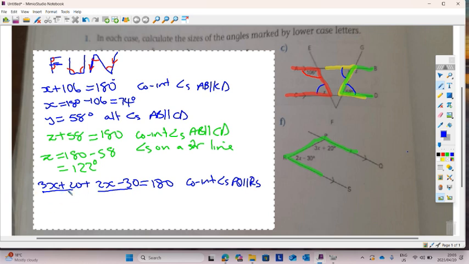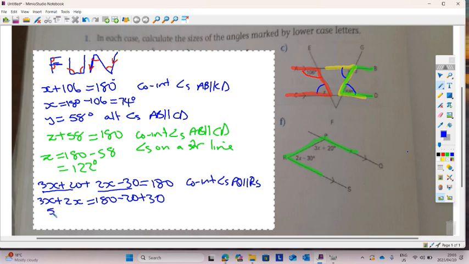And then solve for x here, collect like terms. We have 3x plus 2x is equal to 180. There is plus 20, so it's minus 20 there, and then minus 30, that is plus 30 there.